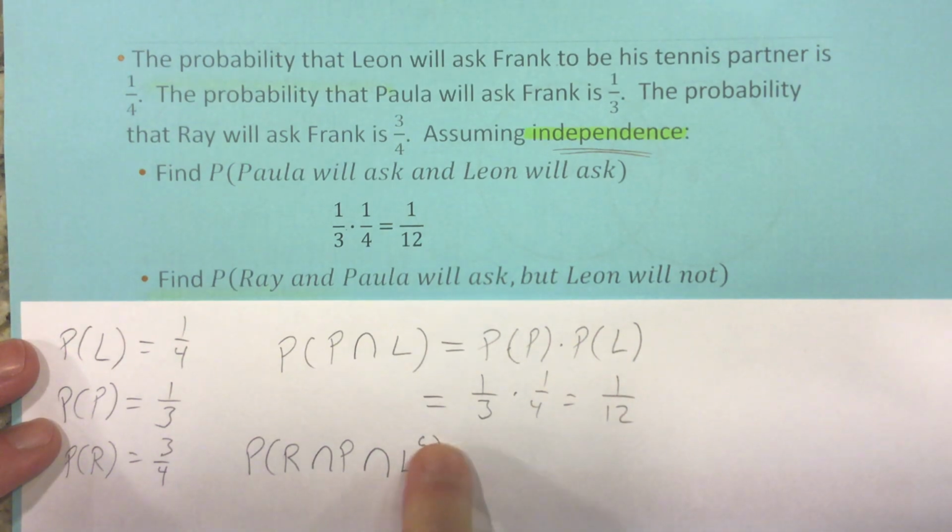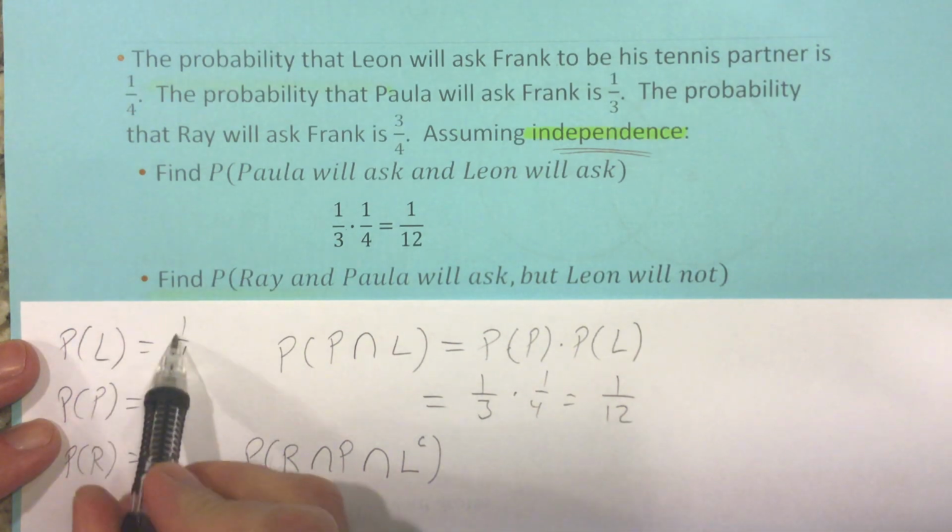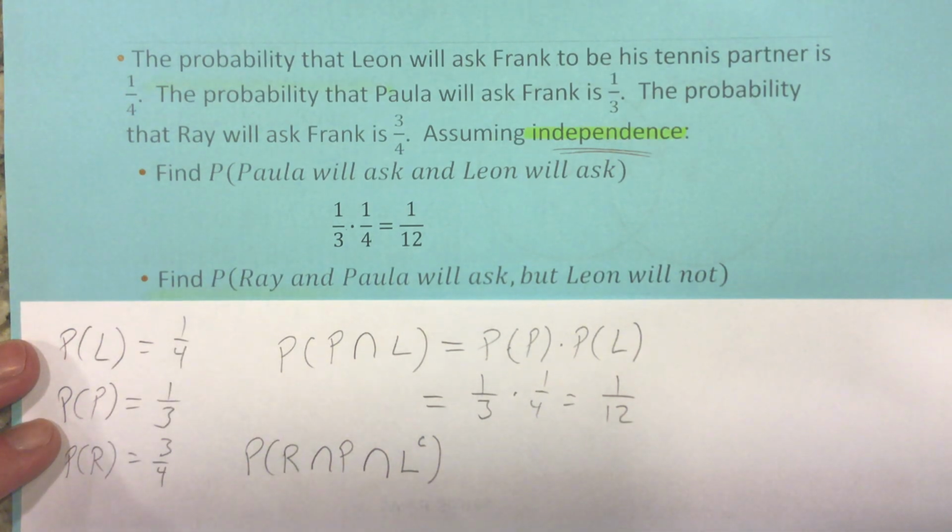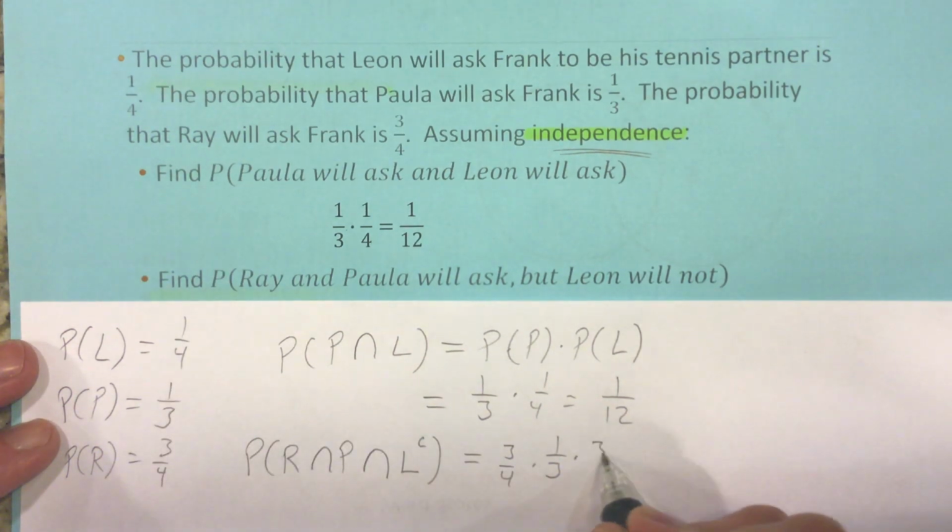That's the complement of Leon asking, because he's either going to ask or he's not going to ask. They're complementary events. Notice the problem didn't give us the complement, but we know the complement of 1/4 is 3/4. There's a 3/4 chance Leon will not ask. So Ray asking is 3/4. Paula asking is 1/3. Leon not asking is 3/4.